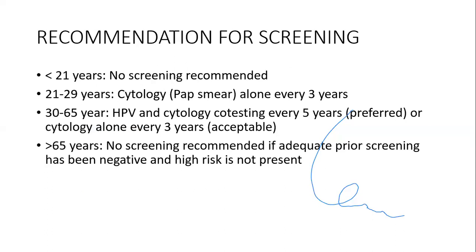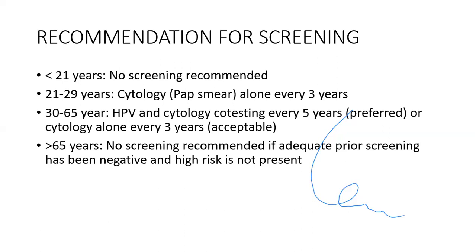Okay, so with the screening, what are the current recommendations? It's recommended that for women less than 21 years, no screening is recommended. However, between the ages of 21 to 29 years, it's recommended that the pap smear, which is the cytology, be done every 3 years, and the woman followed within this period.